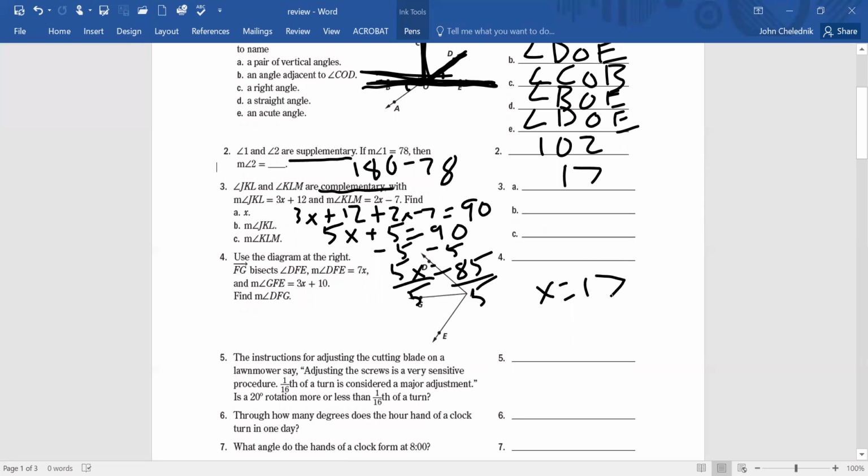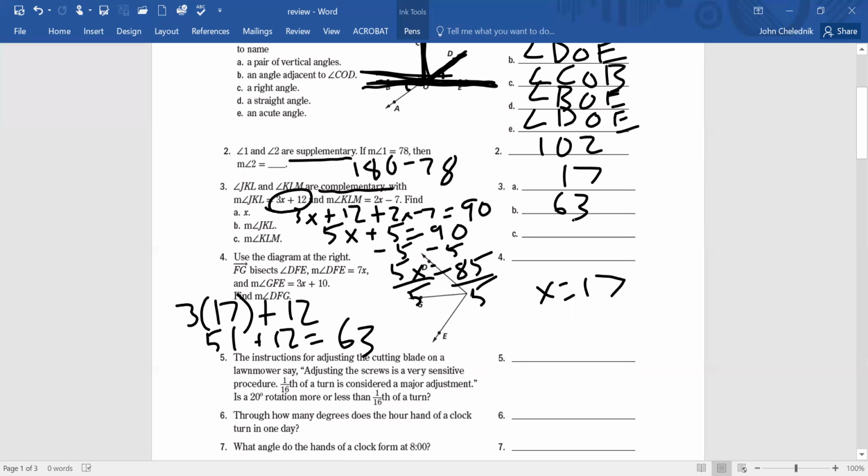Part B, it says, find the measure of angle JKL. JKL was this angle right here. X is 17, so plugging that in, we get 3 times 17 plus 12. That's 51 plus 12, which is equal to 63.